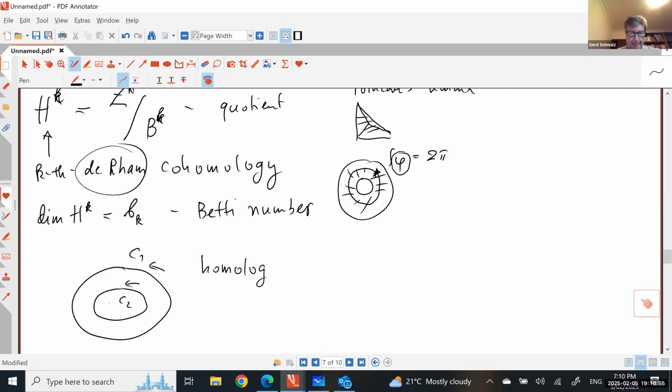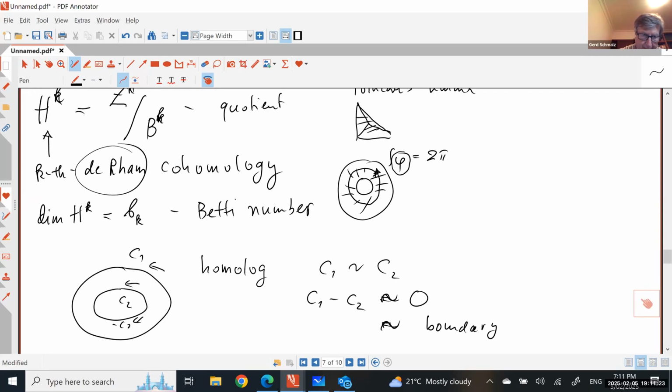So C1 is homologous to C2 if C1 minus C2 is equivalent to 0, and equivalent to 0 means this is a boundary. So minus C2 is this one.